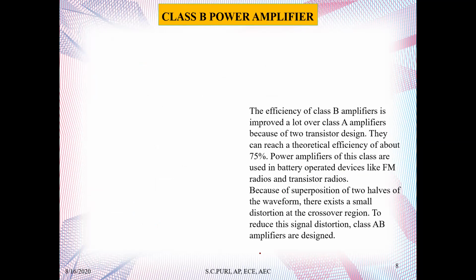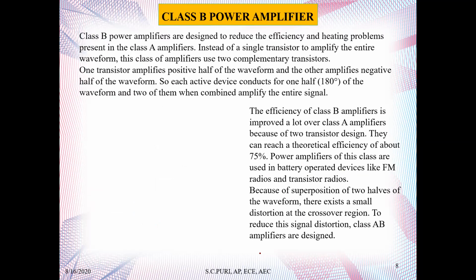So now coming to class B power amplifier. Class B power amplifiers are designed to reduce the efficiency and heating problems which are present in class A amplifier. We had discussed just now the problems associated with the class A amplifier.